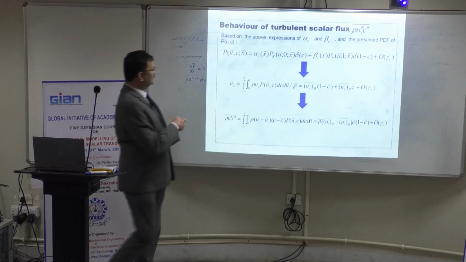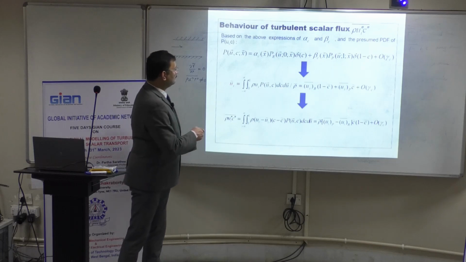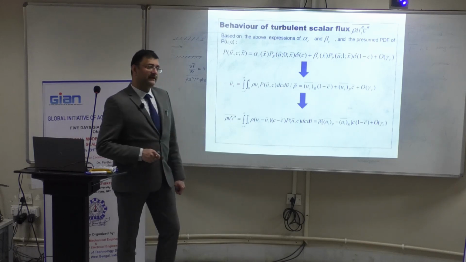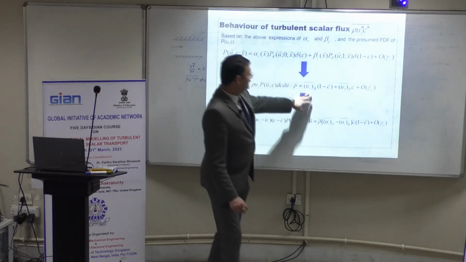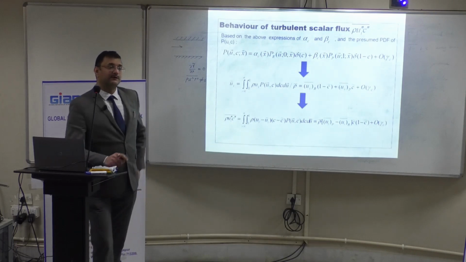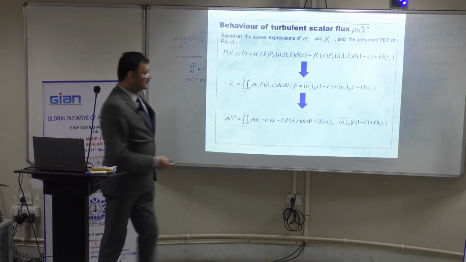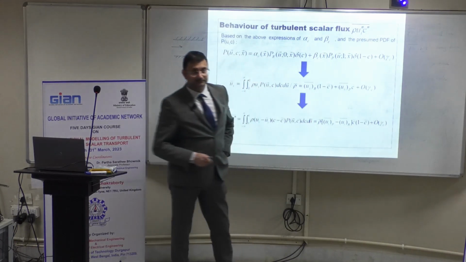Similarly, if I consider Ui tilde, Favre average velocity, that is given by this expression, where this one is the mean velocity conditional upon reactants, and this one is the mean velocity conditional upon products.